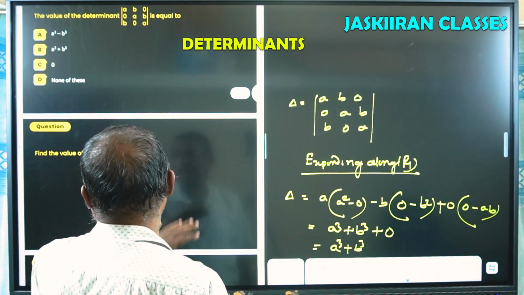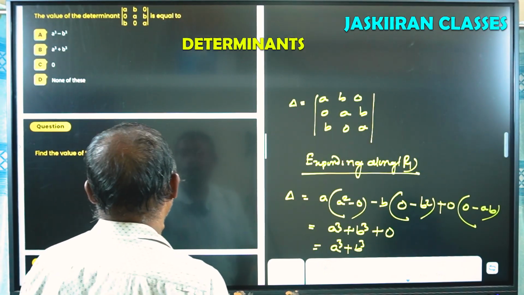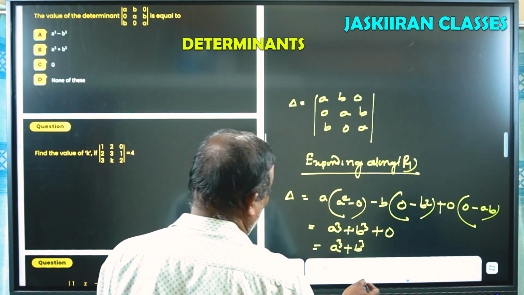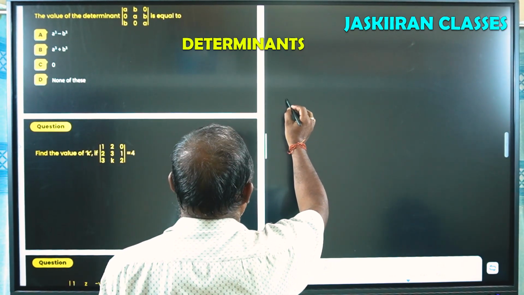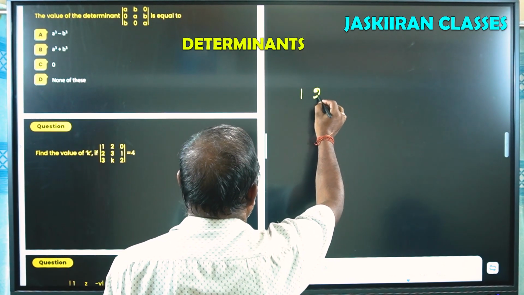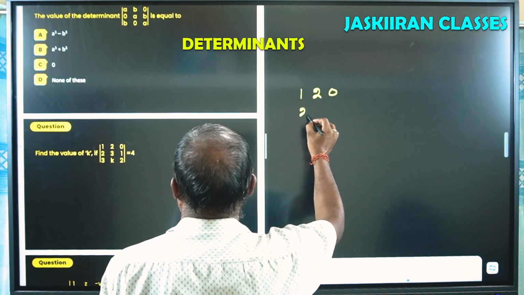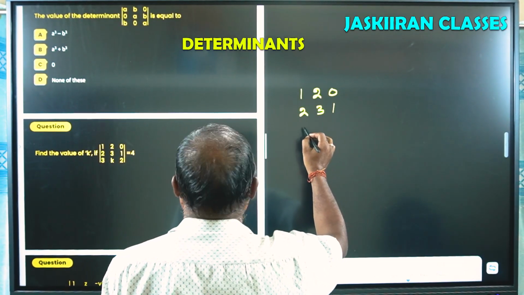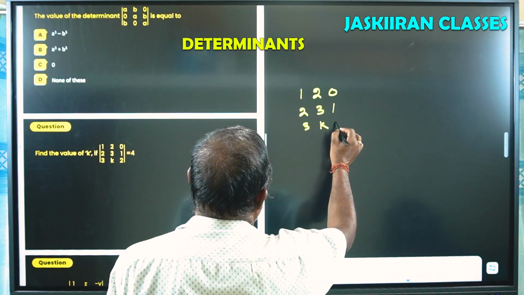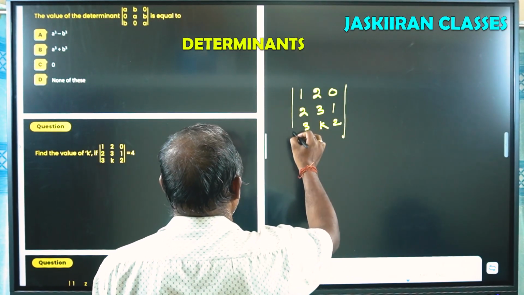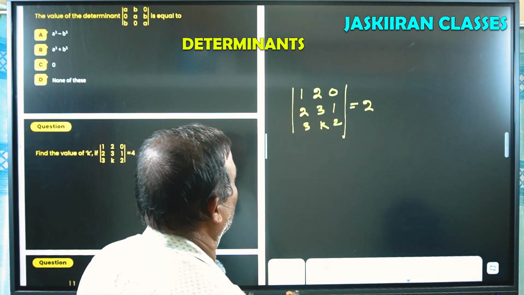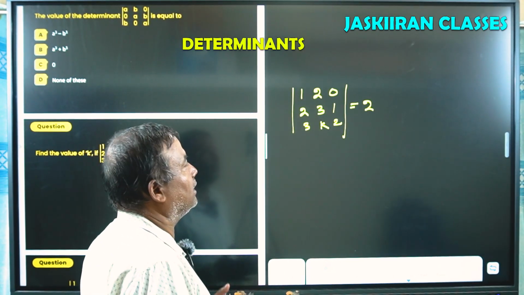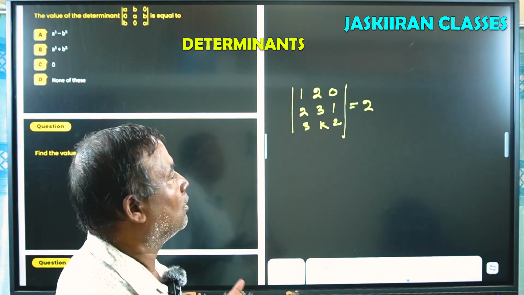Now, the next question is to find the value of K if this determinant is equal to 4. The determinant is 1, 4, 0; 2, 3, 1; 3, K, 4, and it is equal to 4. To get the value of K, this determinant can be expanded along one row or one column.